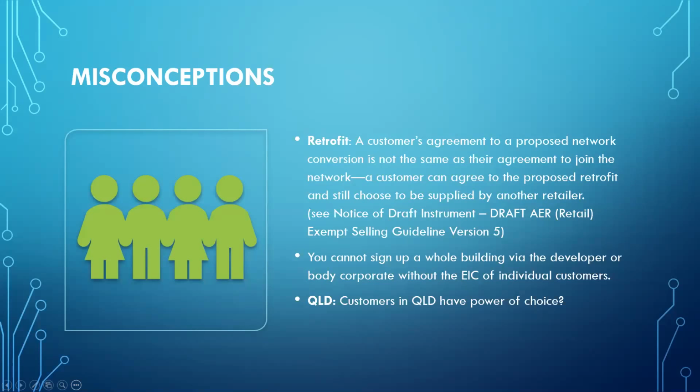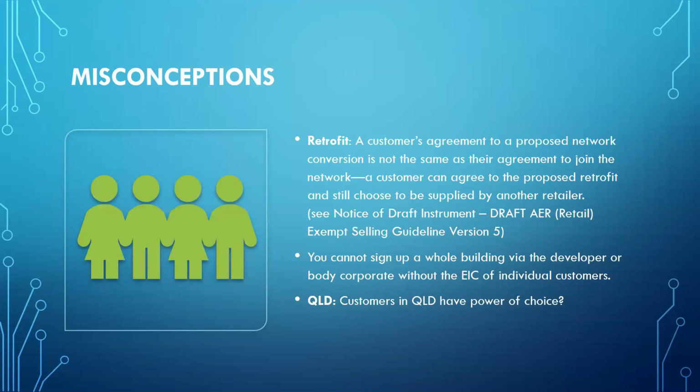So with the retrofit, as everyone is aware, Condition 4.9 sets out what's required in order to seek approval for the conversion. One of the things is the consent of the tenants, occupiers, to the proposed network conversion. And as this slide points out, that is not the same as consenting to entering into an energy contract with the proposed retailer.